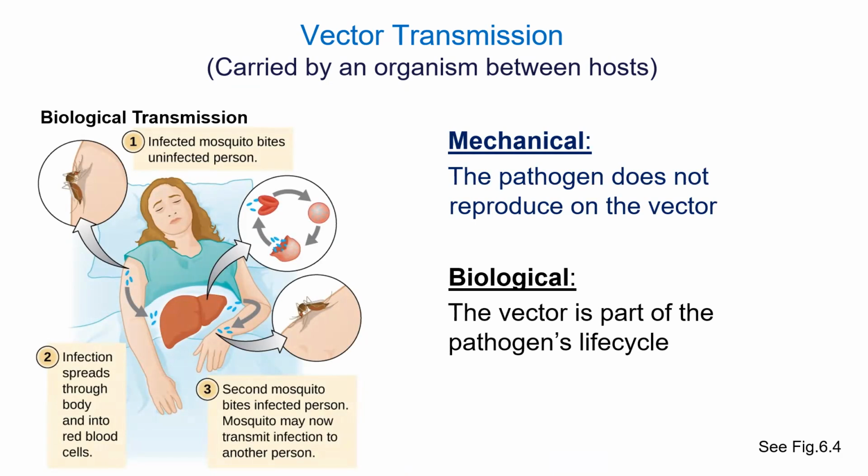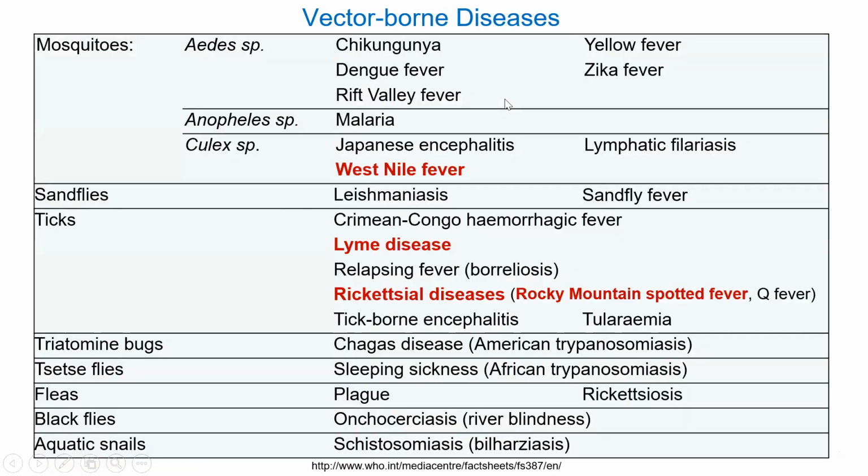I mentioned West Nile virus and transfusions, right? Most people are not getting it that way. Most people are getting it from a mosquito bite. So let's take a look at some of these. This is not the complete list of vector-borne diseases. There's a huge list of vector-borne diseases. Now, what did I do here? I meant to bold all the ones we talked about.